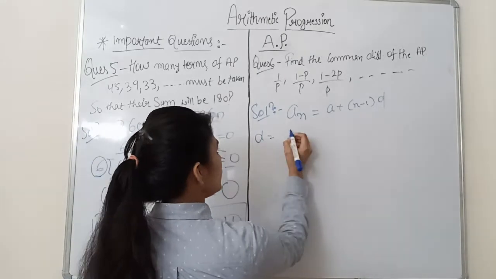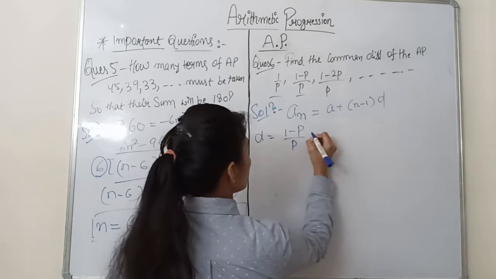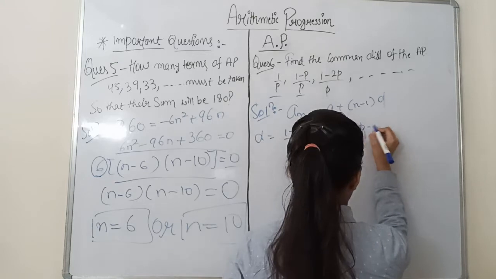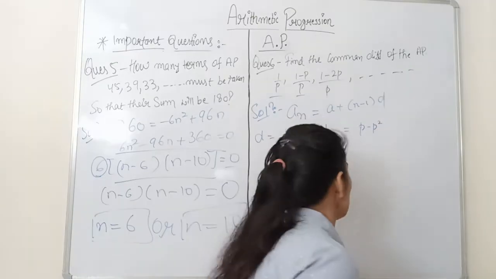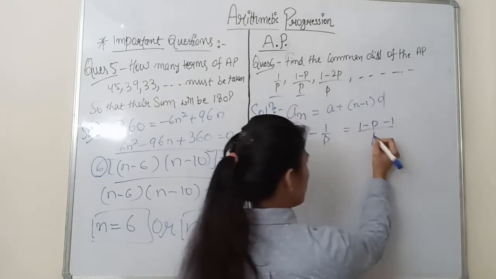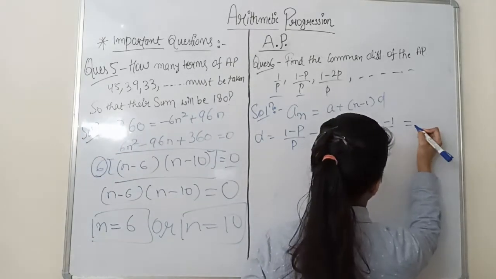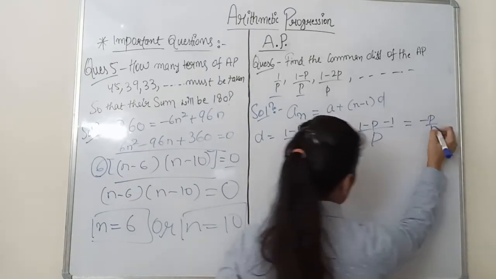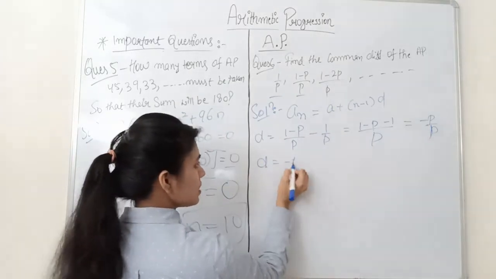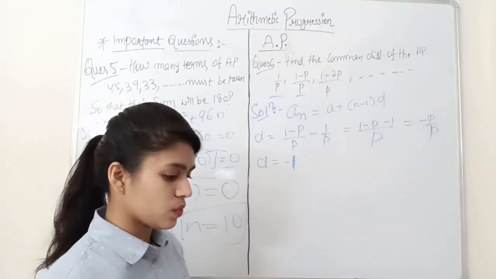So d will be, this is a2, this is a1, 1 minus p upon p minus 1 upon p. LCM is the same. So this will be minus p by p, which will be cancelled out. So the value of d is minus 1. Common difference is minus 1.